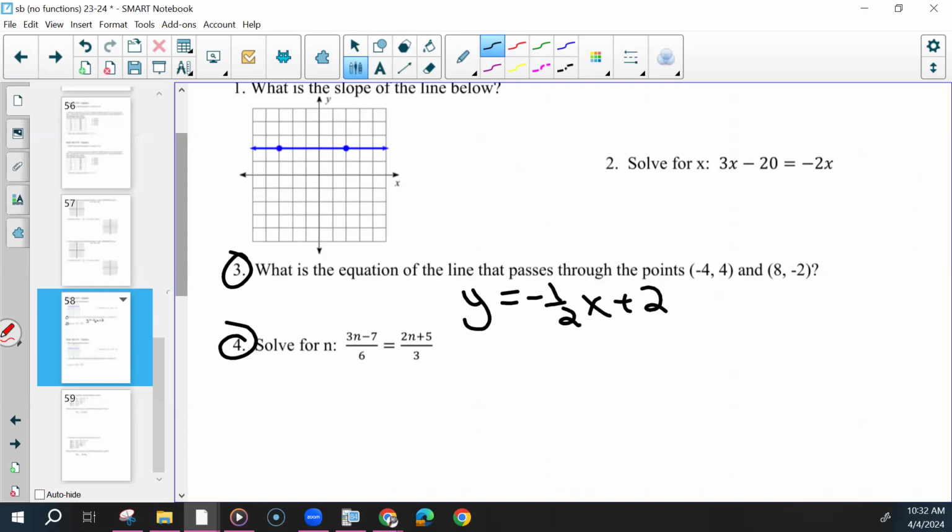For number 4, you can put that into Desmos as long as you change the variables to x's.